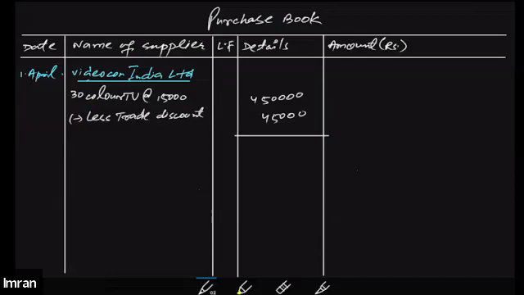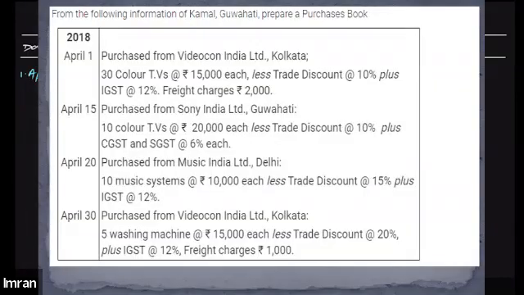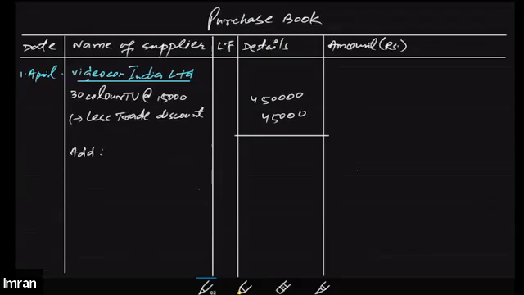And then we will add CGST and IGST. Because in this case, IGST is applicable, so we will be charging IGST at the rate 12%. 12% of the remaining amount, 4,05,000.